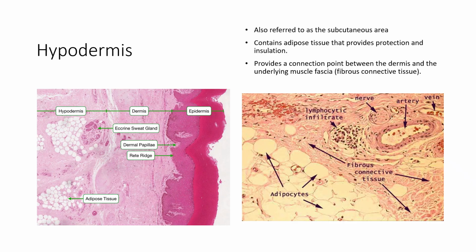So if we get a laceration down into the hypodermis, we can expect to see heavier bleeding. We now have lost some of that immune barrier of the skin, some of that dendritic macrophages and things that provide immune protection. And so what we see is a higher risk of infection, things like that.